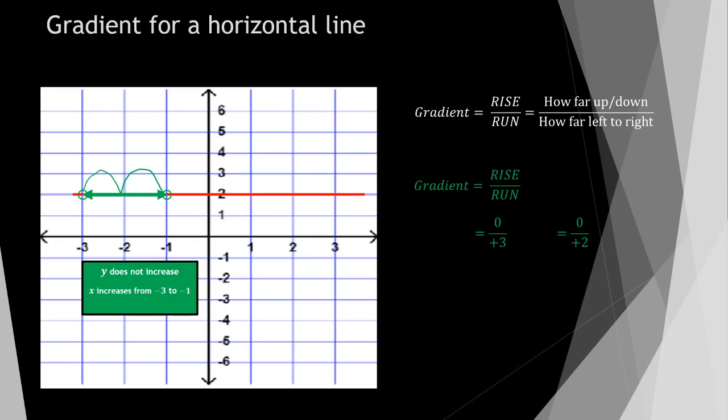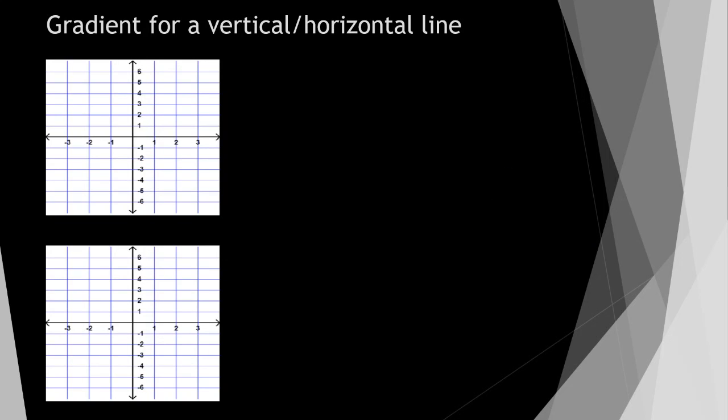And that means that our gradient is 0 divided by 2, which anytime we have a 0 divided by a number, you'll always get 0. And if you don't believe me, put a 0 in your calculator, divide it by any other number you want, and you'll always get a 0. So in other words, whenever you see a vertical line, doesn't matter where this vertical line is, okay, the gradient is always going to be undefined.